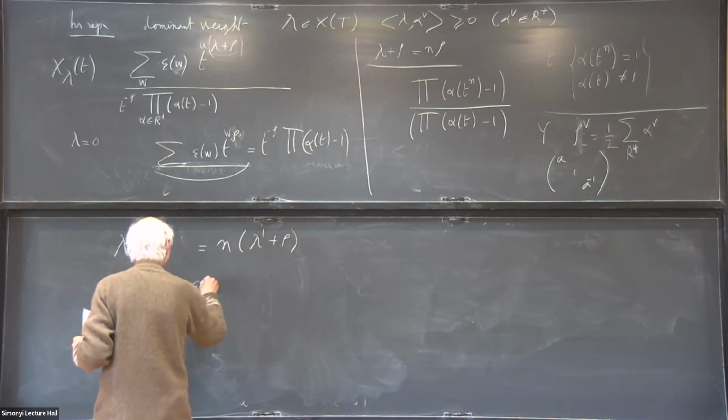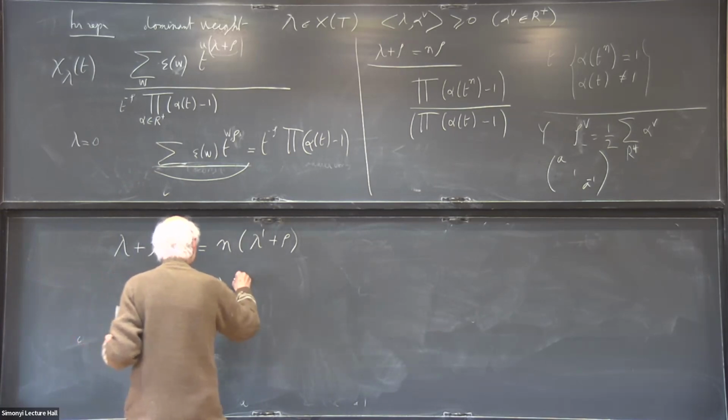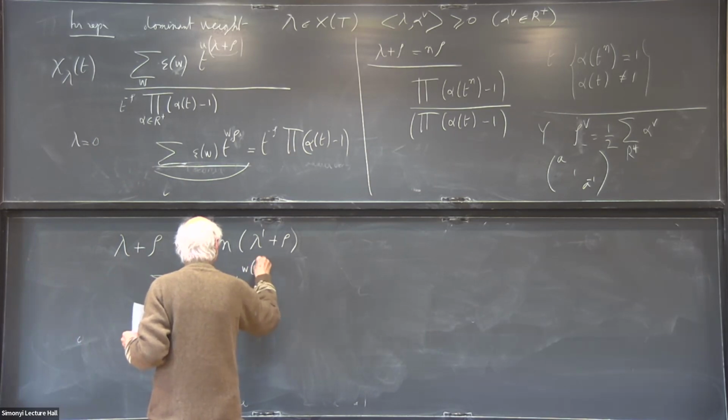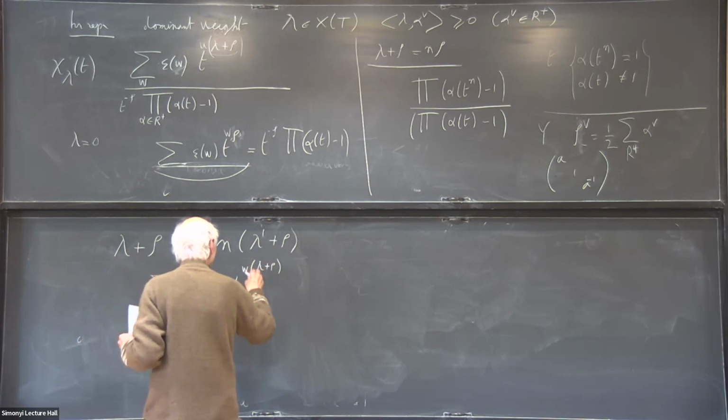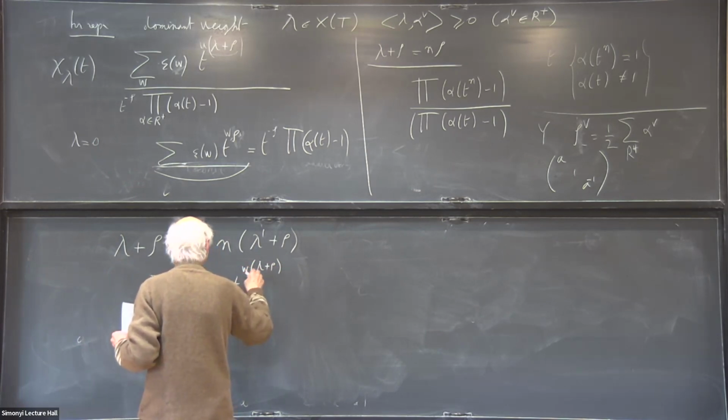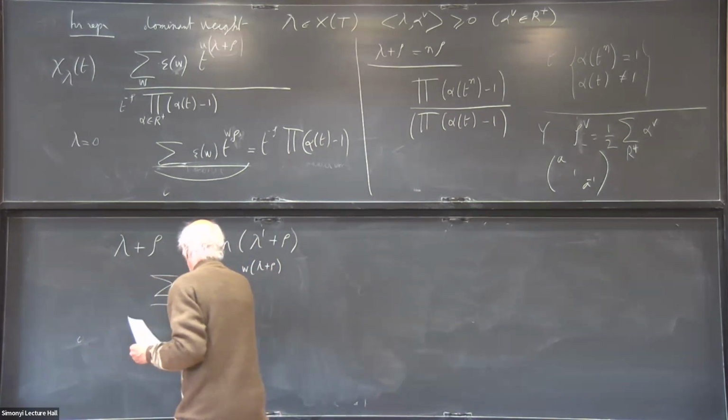So here I have epsilon w t w lambda, divided by something.